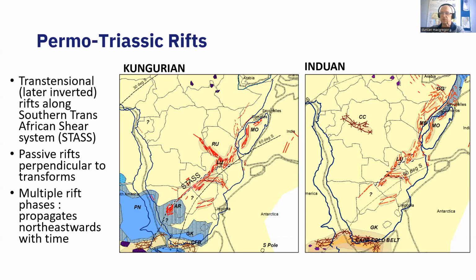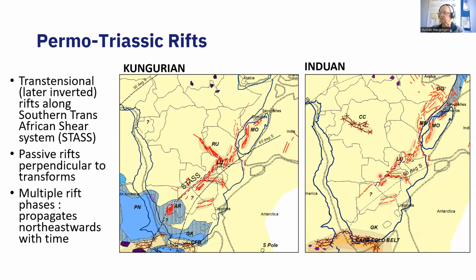Now, the origin of this transform, which is the Southern Trans-African Shear System, documented in a number of papers, I believe probably can be traced into the Cape Fold Belt through these Namibian rifts here. Where it actually hits is probably somewhere in the offshore and is very highly obscured. And it probably is driven by the activity of the Cape Fold Belt itself.